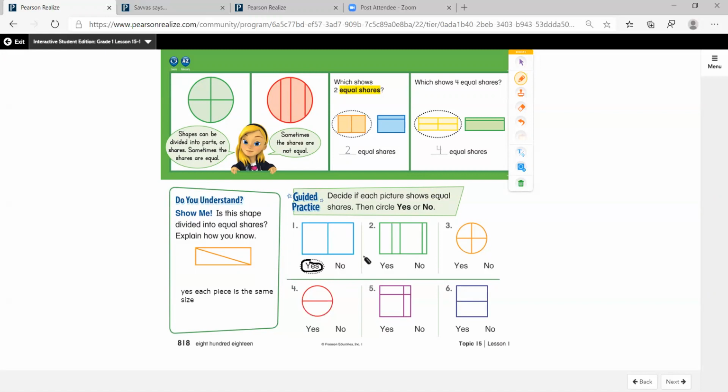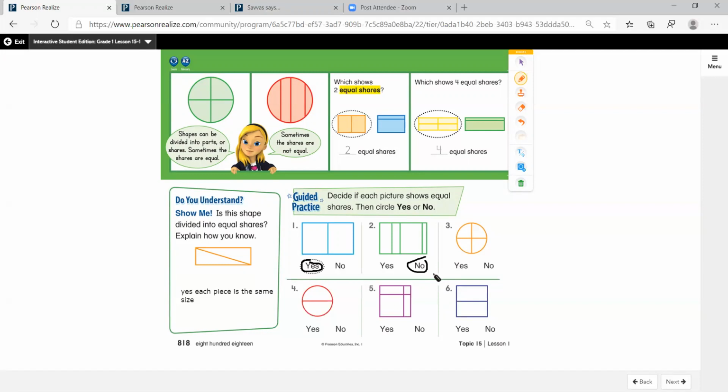Let's take a look at number 2. In number 2, I'm going to select no because I have shares of different sizes. Here I have the smallest, here I have the largest.